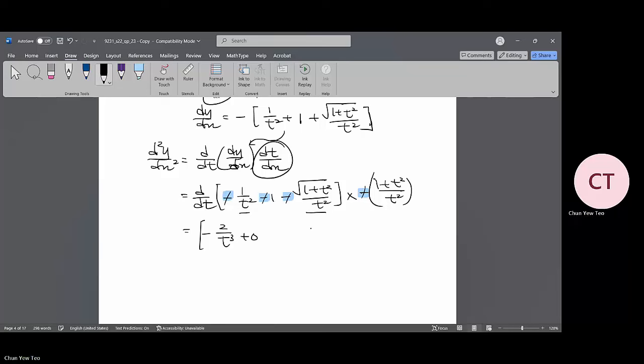Then this one, differentiate by applying the quotient rule: keep the bottom, differentiate the top, then minus, keep the top, differentiate the bottom, divided by the bottom squared. This one still remains as 1 plus t squared over t squared. Simplify further.